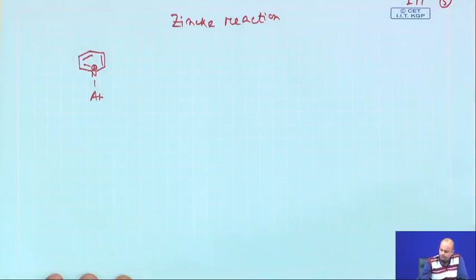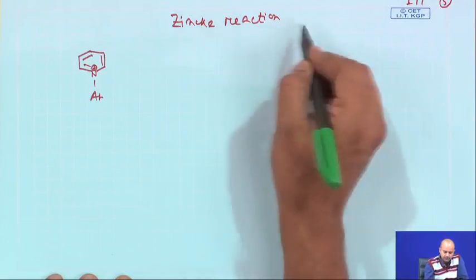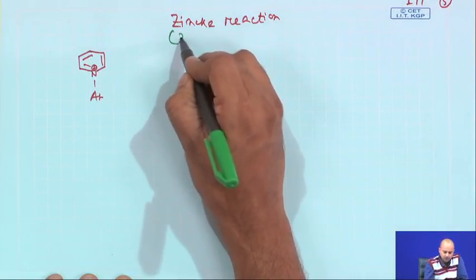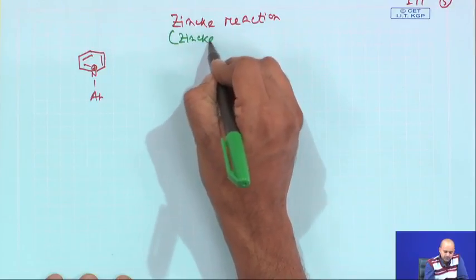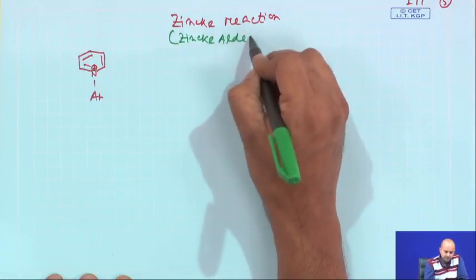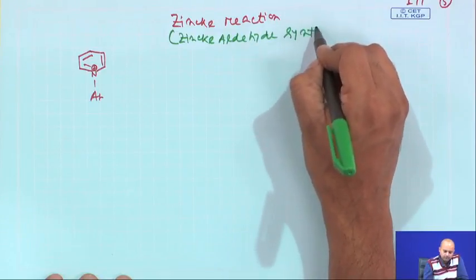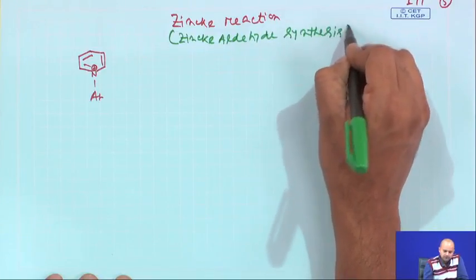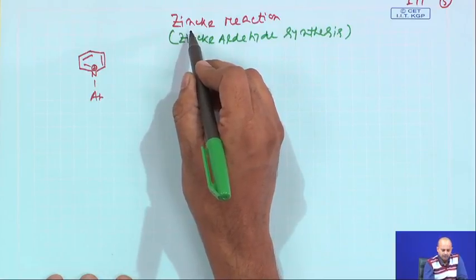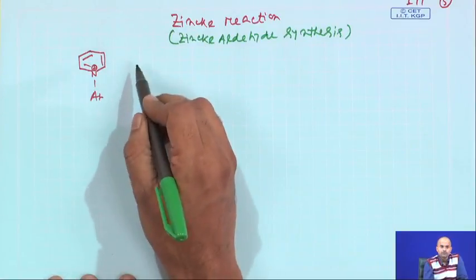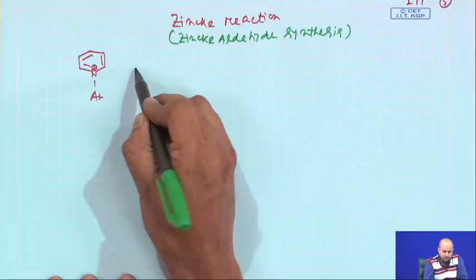It is a pretty old reaction, sometimes referred to as the Zincke reaction, or sometimes named the Zincke aldehyde synthesis. This reaction is named this way because it was first invented by the scientist Zincke long ago. The synthetic potential of this reaction was not explored earlier.